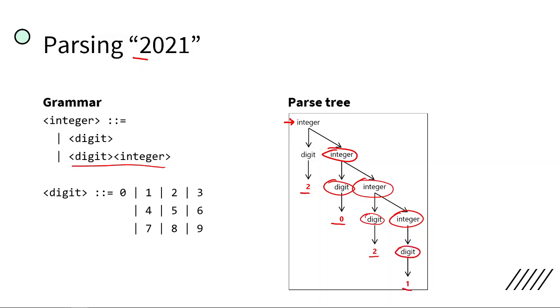So now we have constructed our parse tree. You can also notice that the leaves of our tree are basically the input string. Questions about this? Do you understand how to construct it?